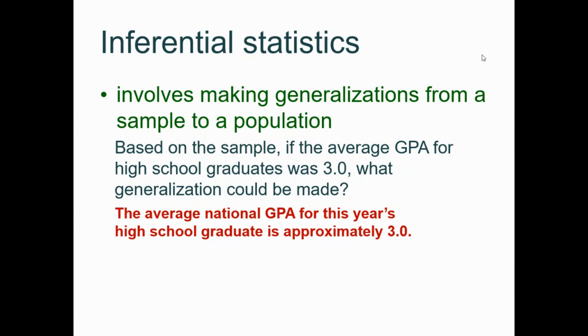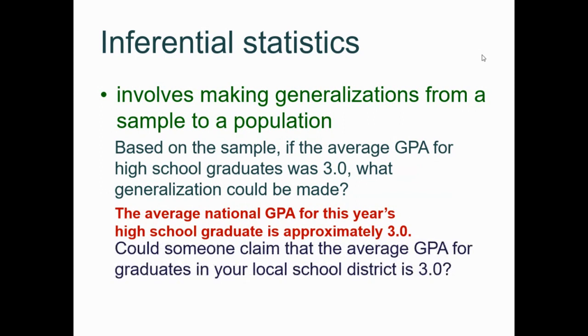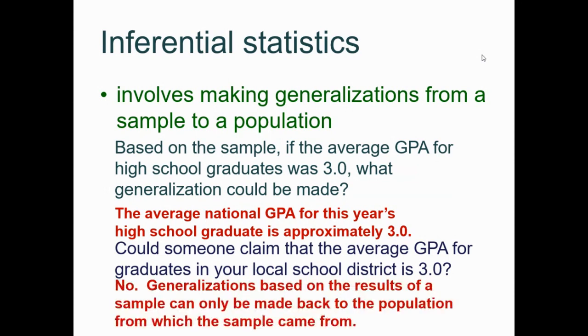You can go from sample to population, but you can't go from population back down to sample. So could someone claim the average GPA for your high school is 3.0? No. Generalizations based on results of a sample can only go to the population from which the sample came.